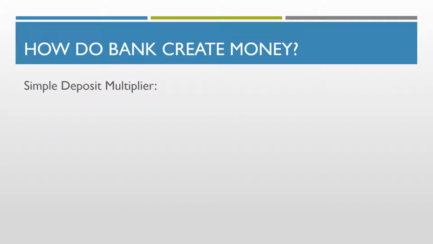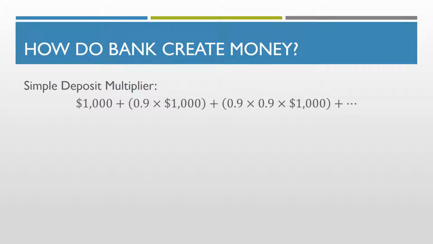So we end up with this multiplier effect, and we call this a deposit multiplier. The idea is that when the first $1,000 gets into the bank system, not only is $1,000 created in the bank system, but people who loan 90% of that $1,000 will spend on something else, and the money will go into another bank, and that will create another new deposit.